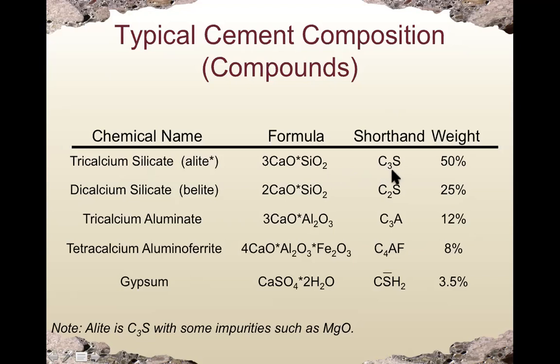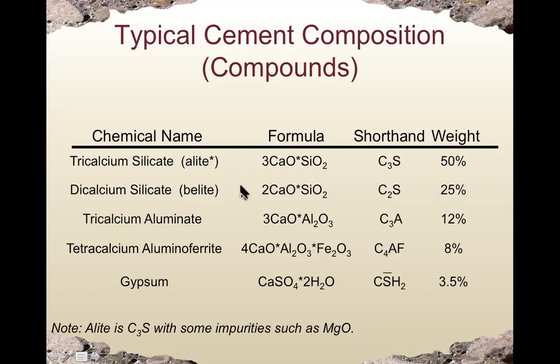We saw the C3S symbol in the cement production. C3S takes about 50% plus or minus for modern Portland cement, depending on the type of cement. We'll discuss this in more detail next time.